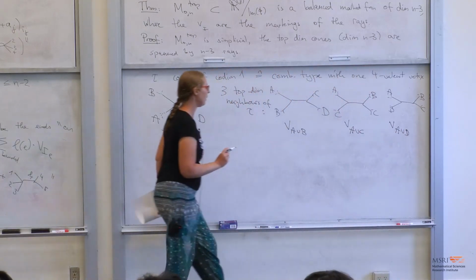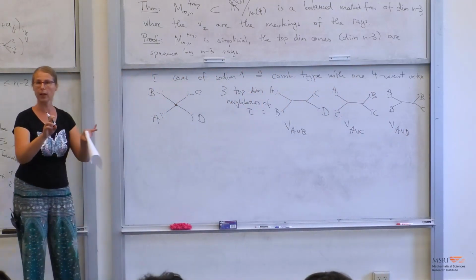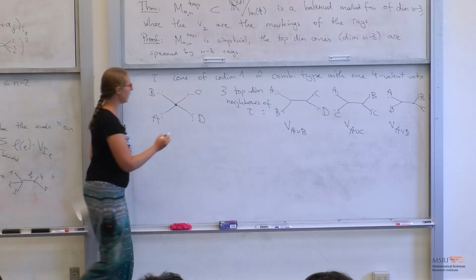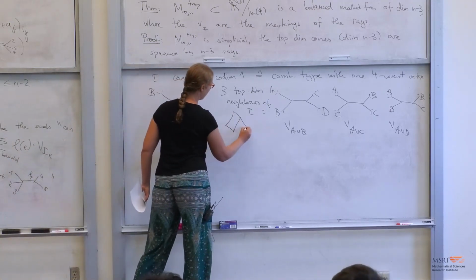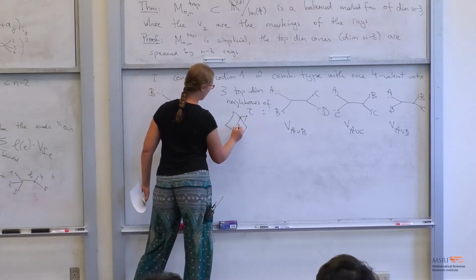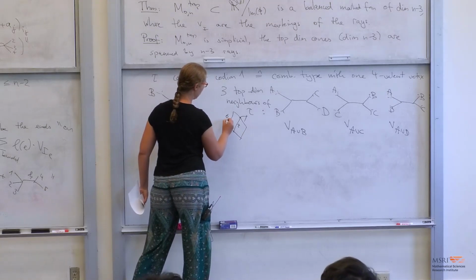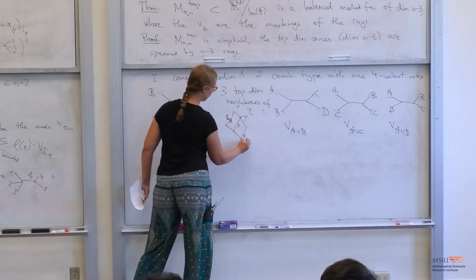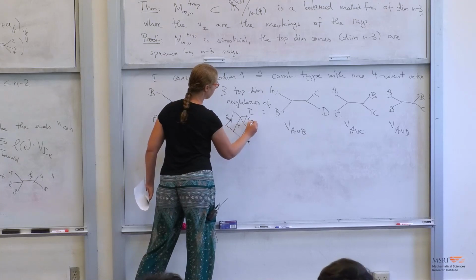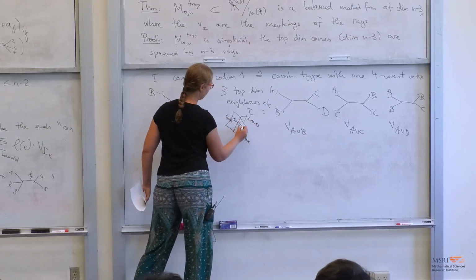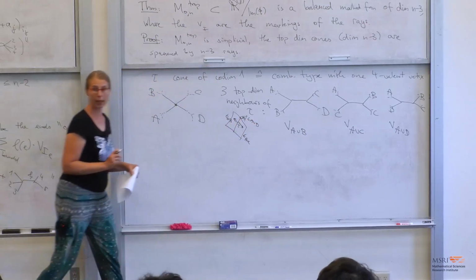These are the 3 markings of the 3 extra rays which span my 3 neighbors around this codimension 1 cone. So this is tau, and those are my 3 neighbors, A union B, A union C, A union D. I have those 3 vectors pointing inside those rays.